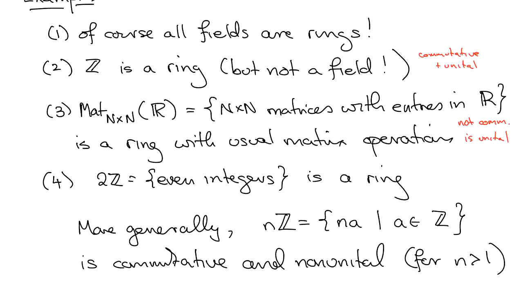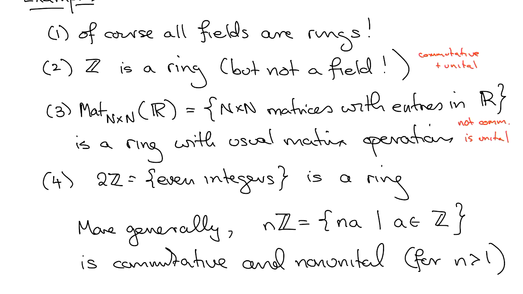What about just the set of all even integers, 2Z? Okay, so we have to think through our ring axioms. It satisfies all of those axioms that we insist on. I mean, you have to double check that, but just look at the axioms and check. In particular, you add two even integers together, you get an even integer.